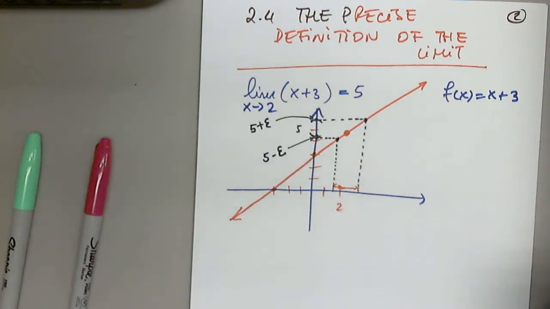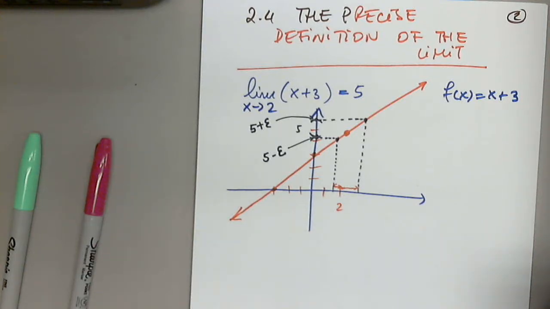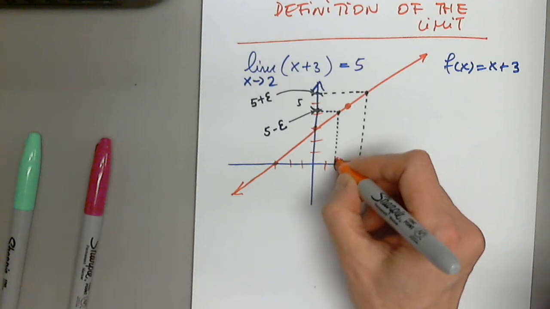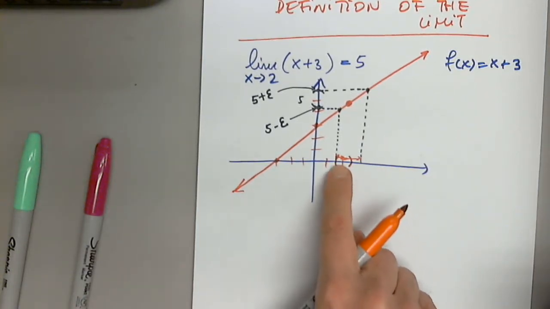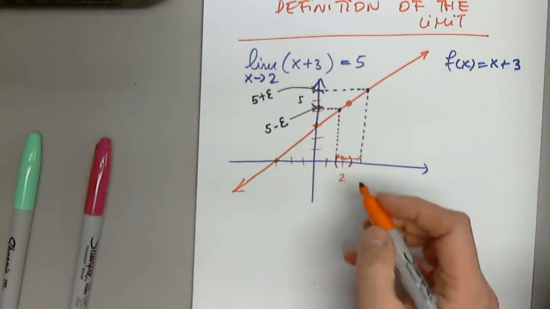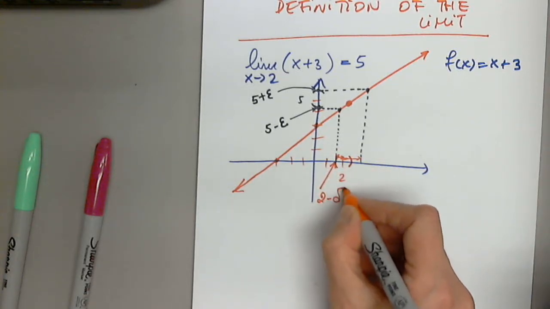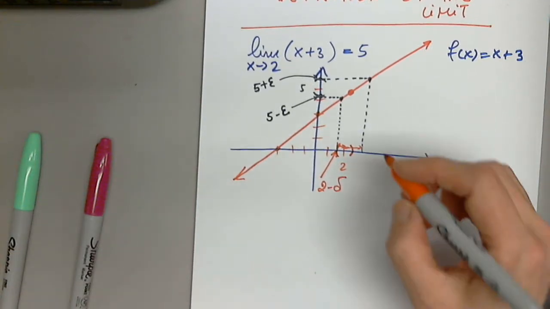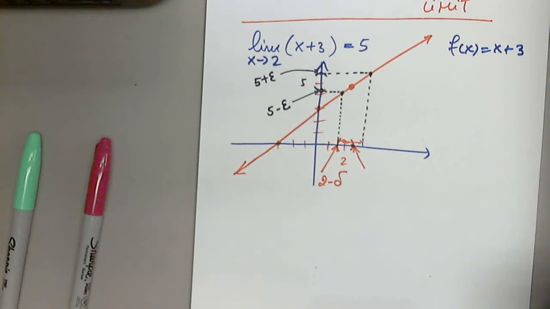Okay. So which of these two distances is smaller? Oh, I know it's a silly question. The left one or the right one? Okay. So then I will choose a symmetric interval with this width, the smaller of the two. I will call this 2 minus delta. And of course, I will call this, what do you think? 2 plus delta.